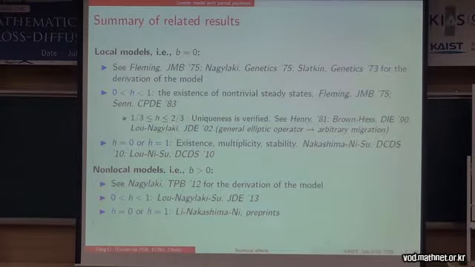And till 2010, there was some progress made for the complete dominance case. Then when the non-local term, the partial panmixia, was introduced in this model in 2012, first there were some studies for the intermediate dominance case, and recently Nakashima, Ni, and I worked on the complete dominance case. So this part is what I want to talk about today.